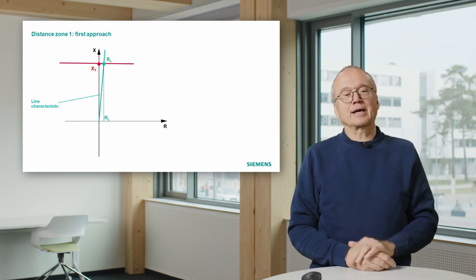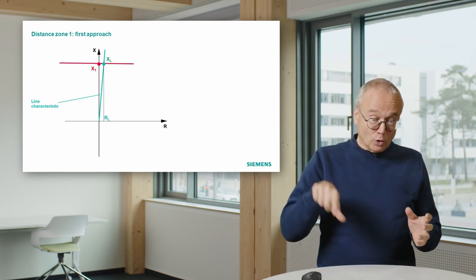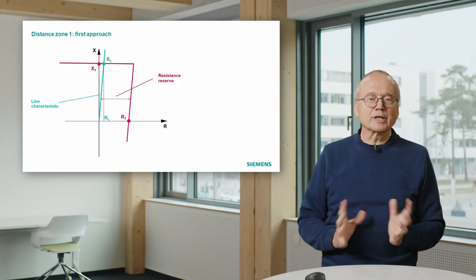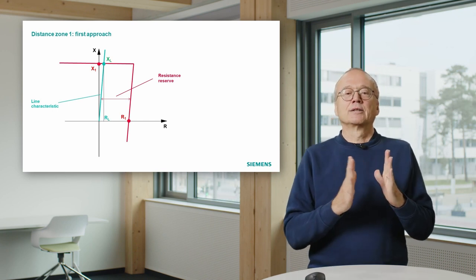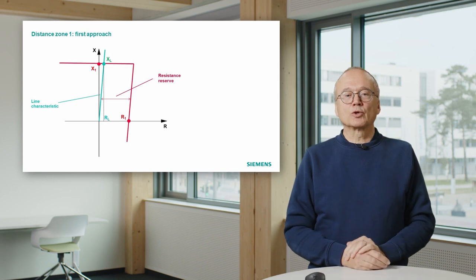And then we say, that is our horizontal limit. Then, of course, in order to have a complete area, we must also define on the right side somehow a limitation. And that is already a bit of a tricky thing, because we must now decide what amount of fault resistance we want to catch.